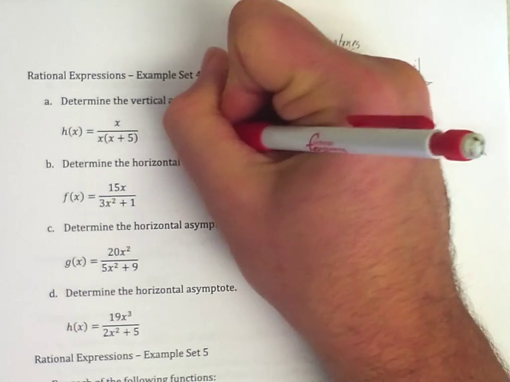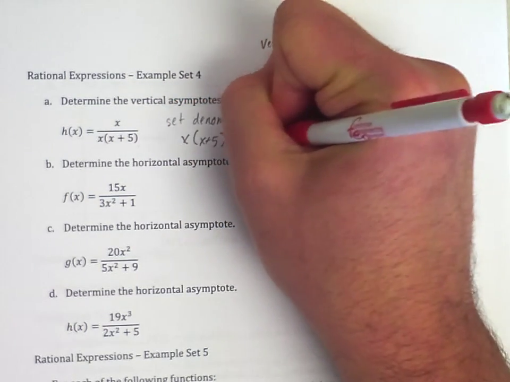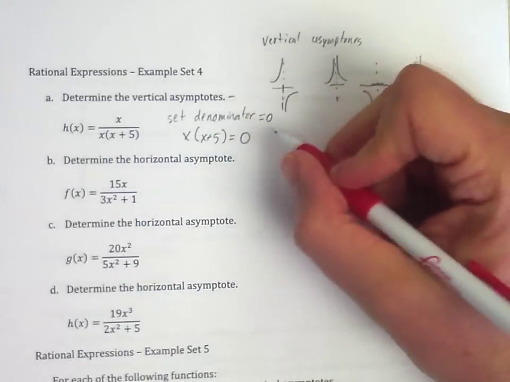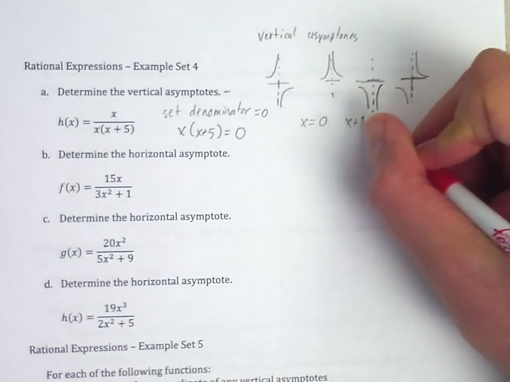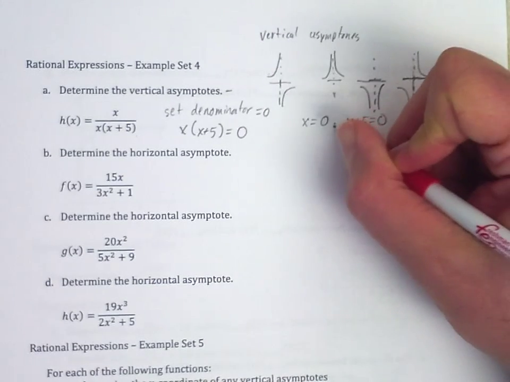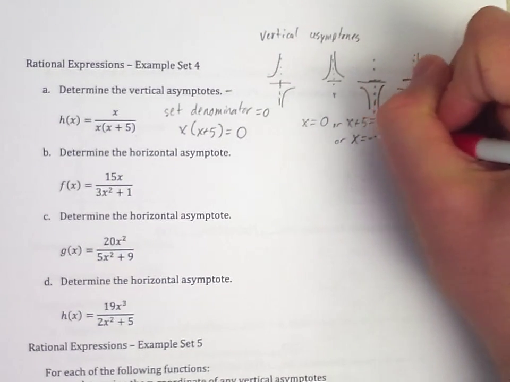So x times x plus 5 equal to 0. And so that means that either x equals 0 or x plus 5 equals 0. So x equals 0 or x is equal to negative 5.